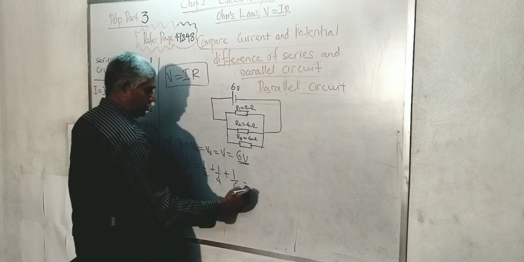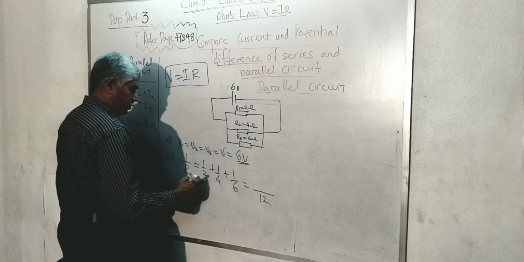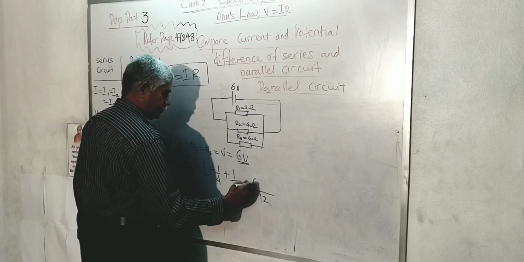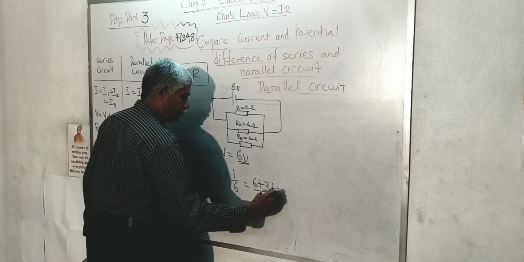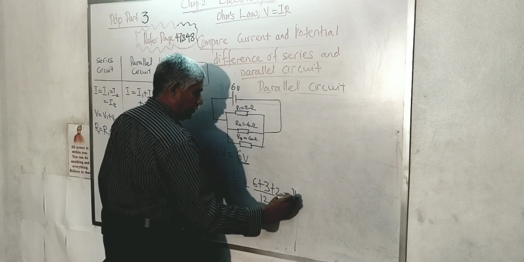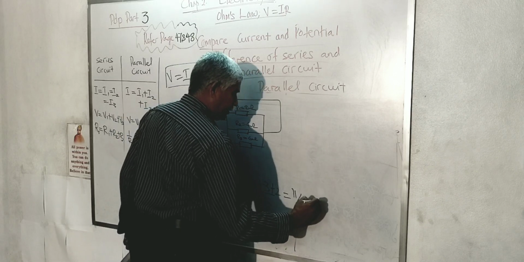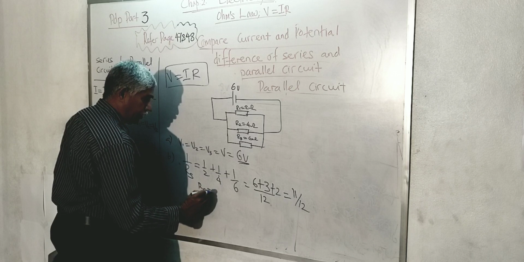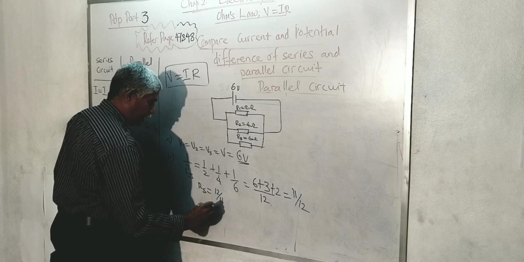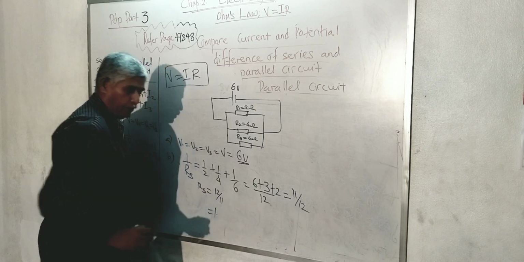The common denominator of 2, 4, 6 will be 12. This will be 6, this will be 3, this will be 2. So we get 11 over 12. That is, the effective resistance RS is going to be 12 over 11, that is 1.11.